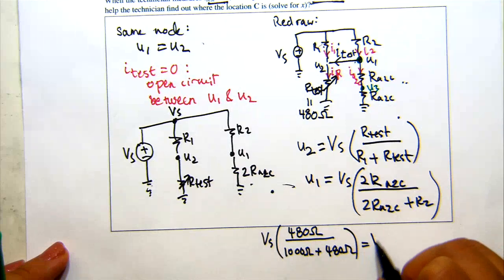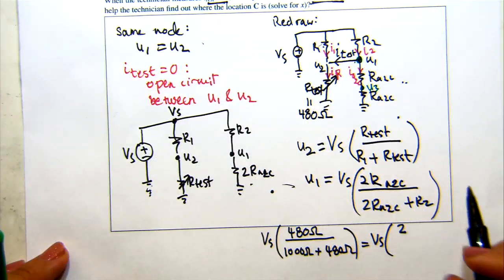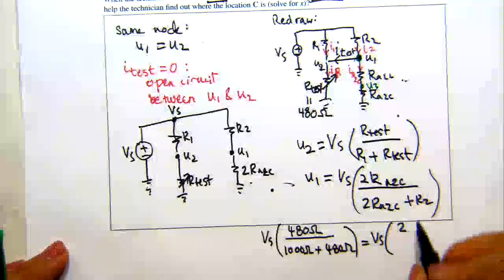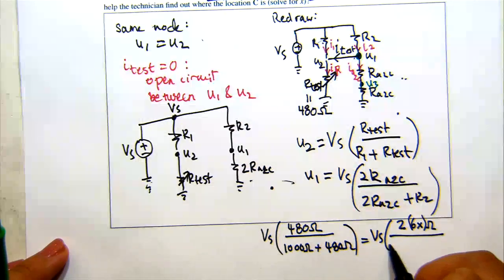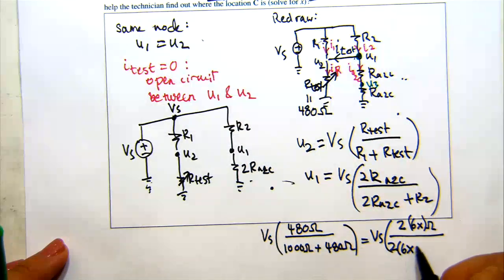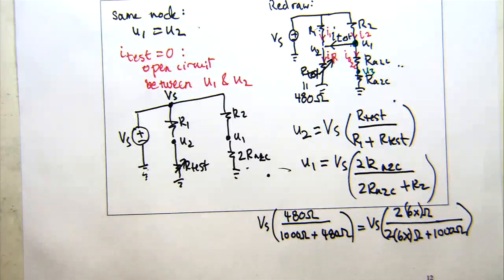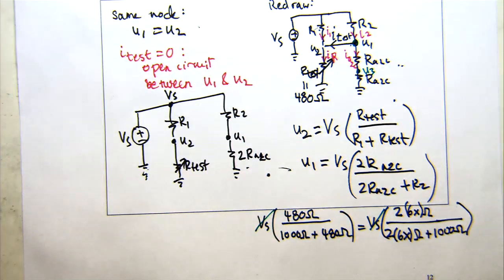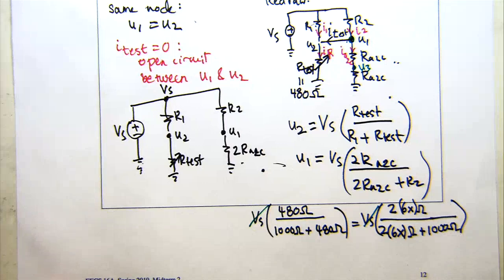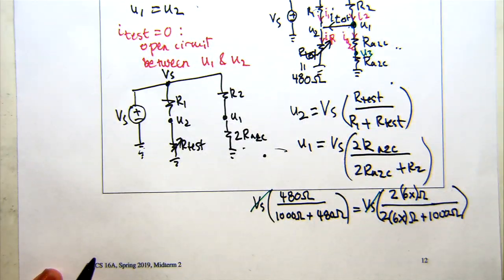And this equals Vs times 2 RA to C, which from before we said was 6x ohms, over 2 times 6x ohms plus 1,000 ohms. Okay. So something helpful to know is my Vs's helpfully cancel out. And so we can go ahead and try to solve this for x, right? Because we have one unknown and one equation.